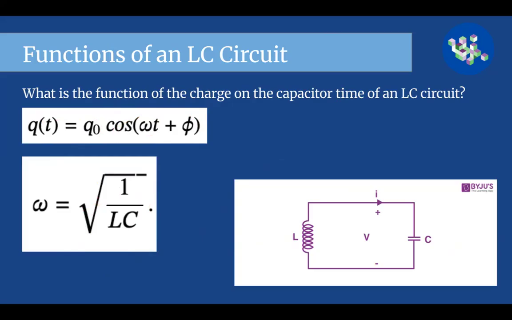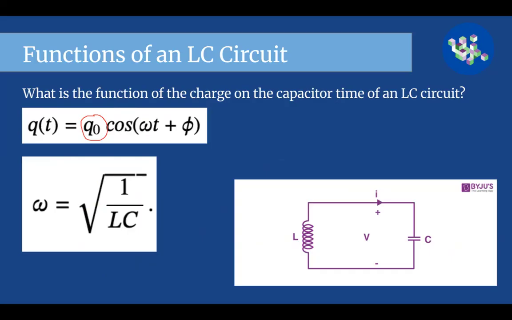The cosine function you actually get is q of t equals q naught times cosine of omega t plus phi. So q naught is the maximum charge that the capacitor has as the LC circuit keeps oscillating.